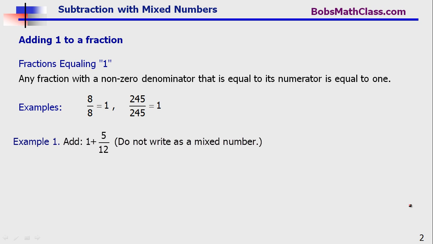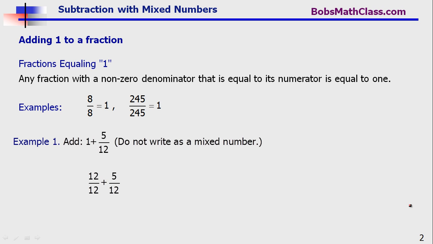Okay. Well, I could write 1 as any number over itself. I could write it as 8 over 8. True? But then we would have to find a common denominator. Well, why not use the same denominator? So since the denominator of the other fraction is 12, why don't we write 1 as, yeah, you got it, 12 over 12.